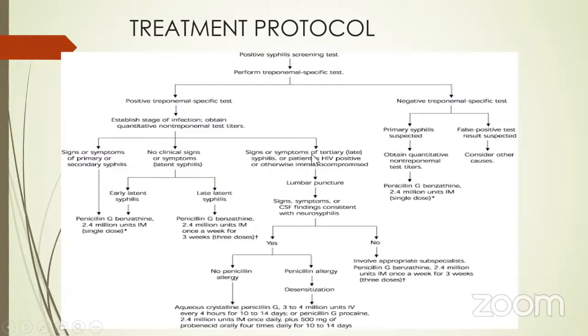If the patient has signs or symptoms of tertiary syphilis, or is HIV positive or otherwise immunocompromised, a lumbar puncture has to be done. Are there signs and symptoms or CSF findings consistent with neurosyphilis?